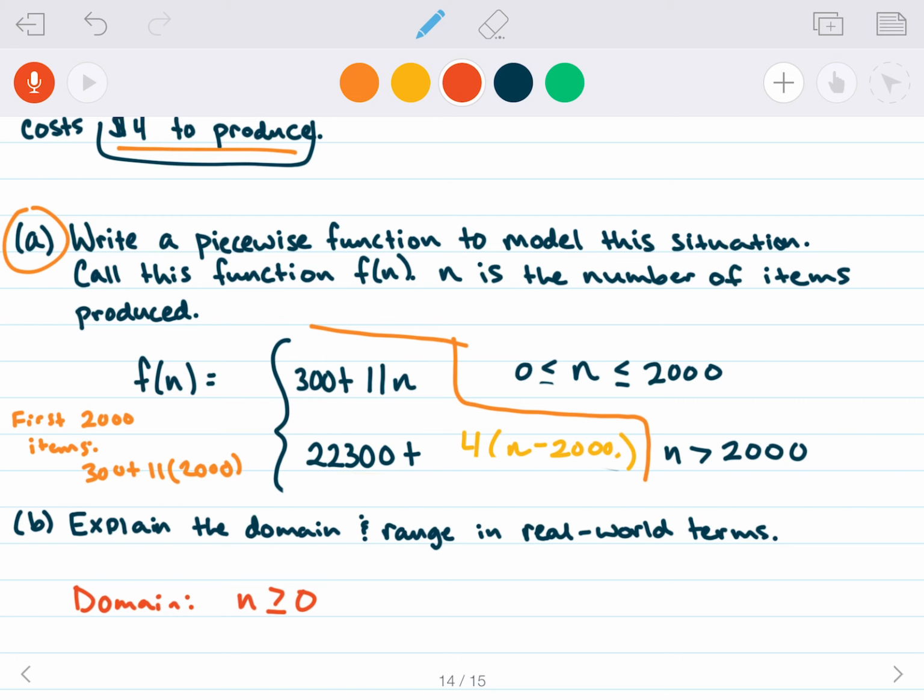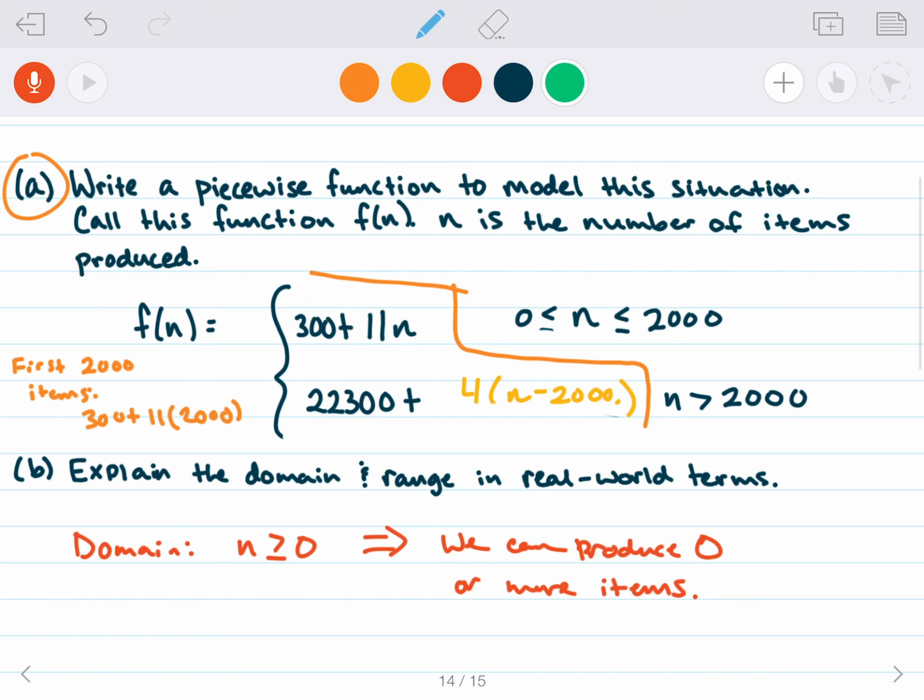And what does this mean in our context? Well, we can produce 0 or more items. That's what it means. Okay, and what about our range?